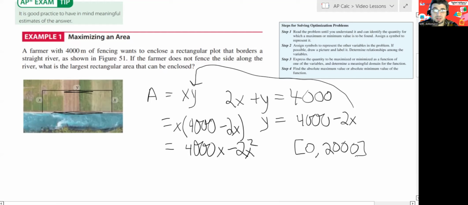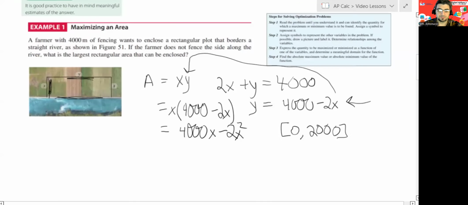Okay, because x represents the length of the perpendicular side of the fence right here. So it can't be negative. And it can't be so much that you use all the fence. If x is more than 200, then it's going to make your y value negative, which doesn't make sense in the context of the problem there.